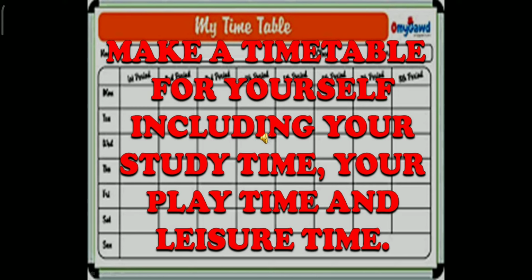I know playing outdoor games is not possible right now, but you can definitely engage in some indoor activities. Yes, so you have to mention that, and you will also mention when you are taking rest, and you can do it in your classwork copy, so it will be better if you do it in your literature copy. Okay, make a timetable, and that's it.